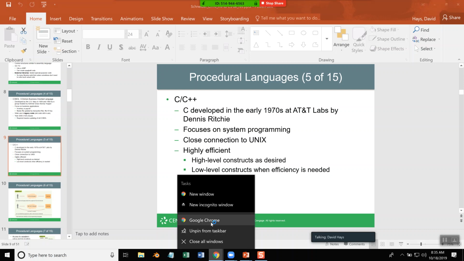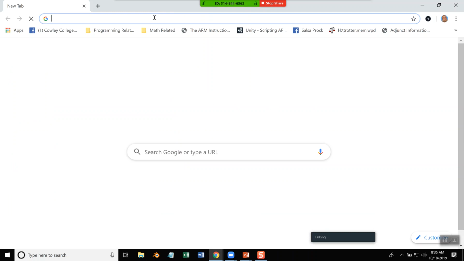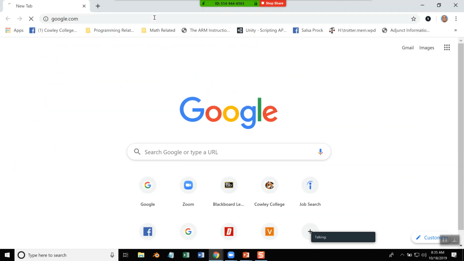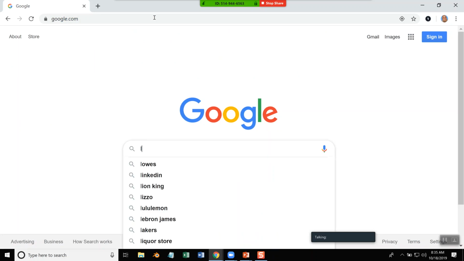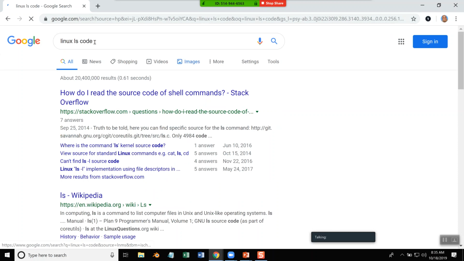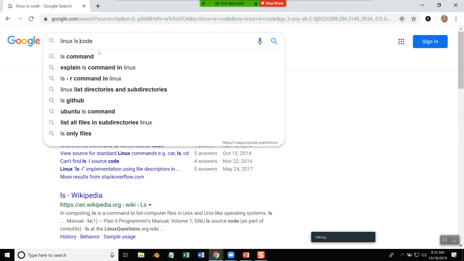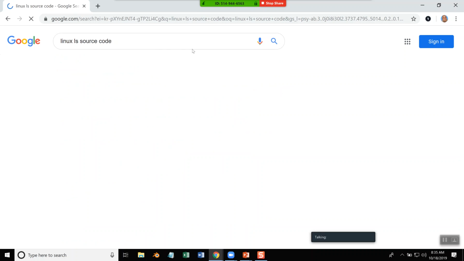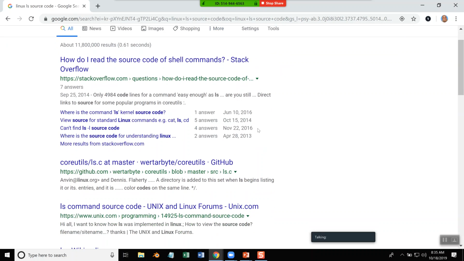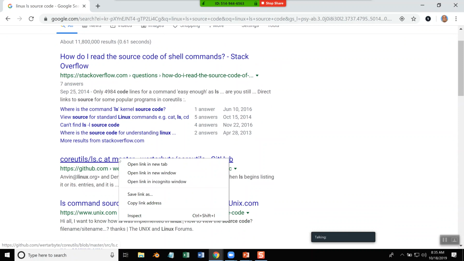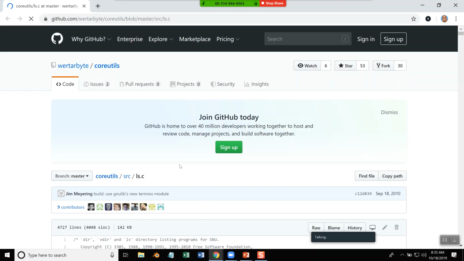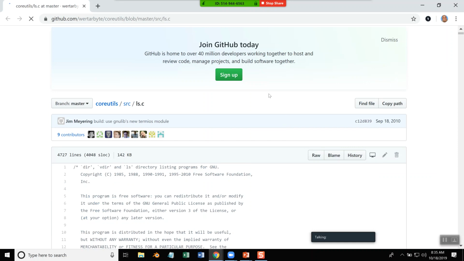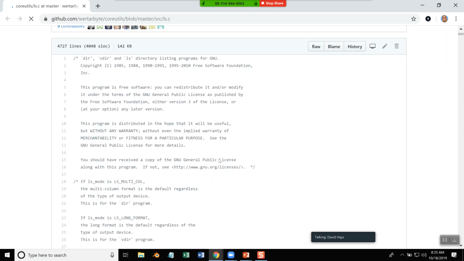I don't know if I can download it if I had to be on Linux, but let's see. Linux ls source code, I should have said, but oh well. Does anybody ever use the ls command?